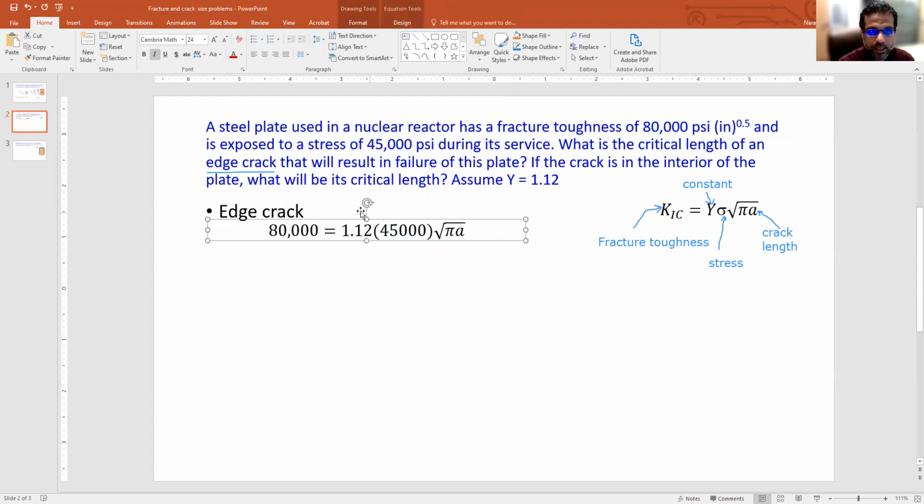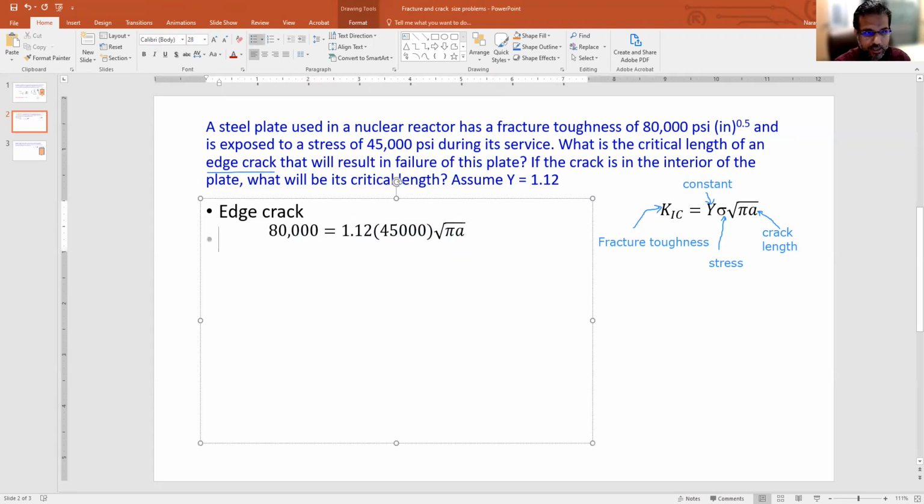By simply substituting this, you will get the length of the crack as 0.8 inches. Now, the second part of this question asks what will happen if the crack is in the interior of the plate.